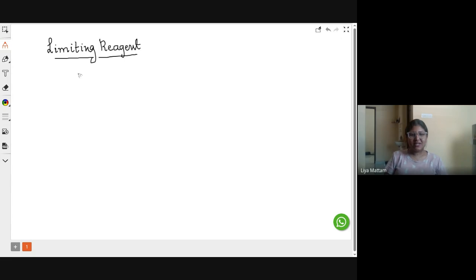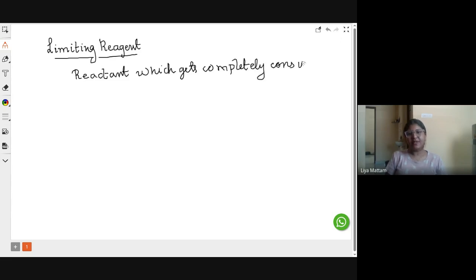So limiting reagent, by definition, is a reactant which gets completely consumed during a reaction.